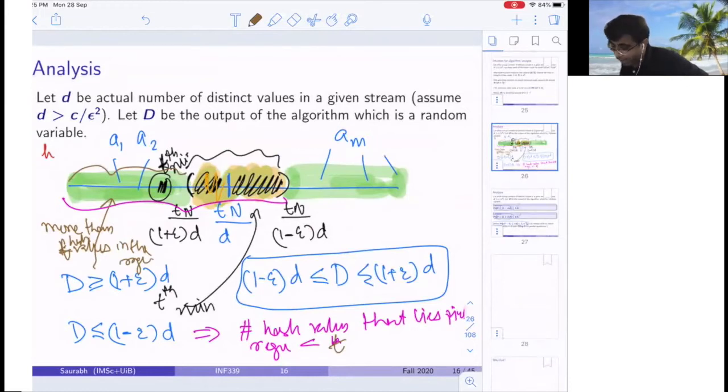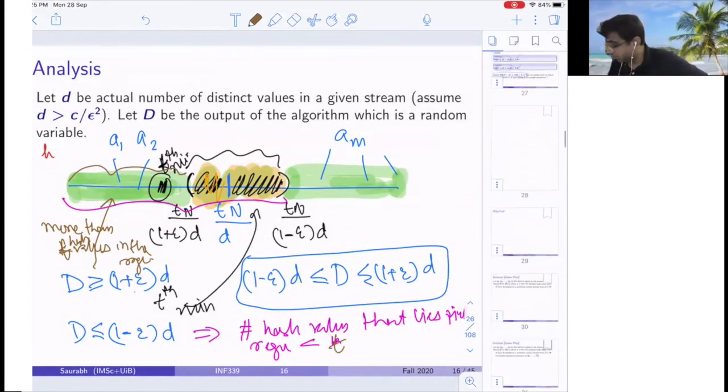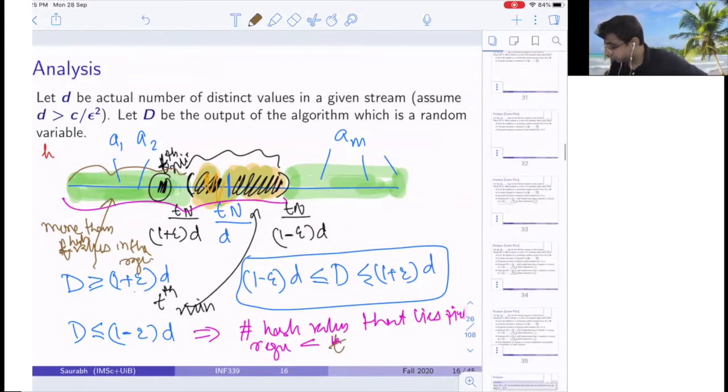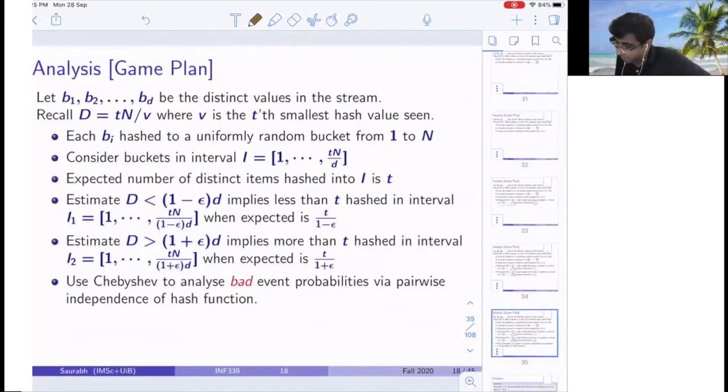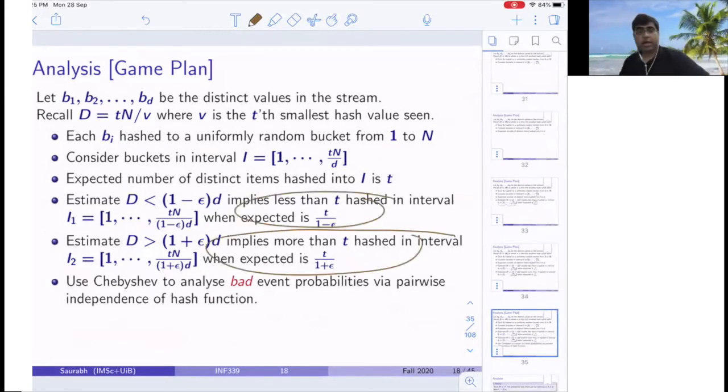And if it is here, it means that in this region more than T values went into the interval. So this is our game plan. Now we will analyze this in a minute.